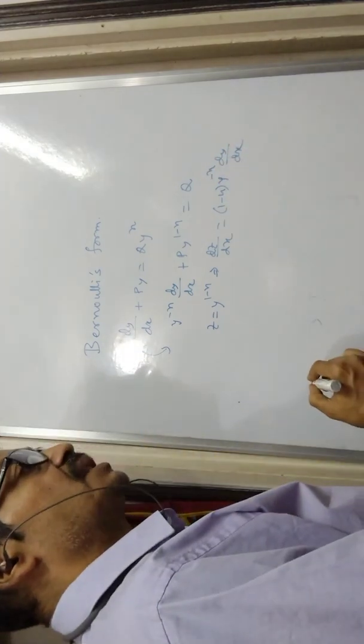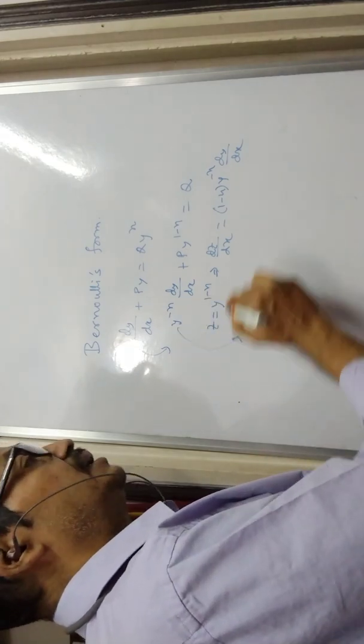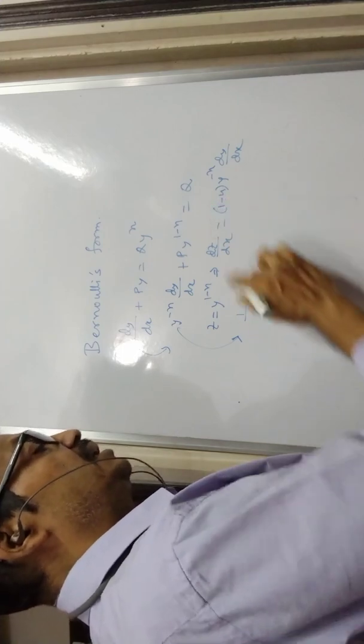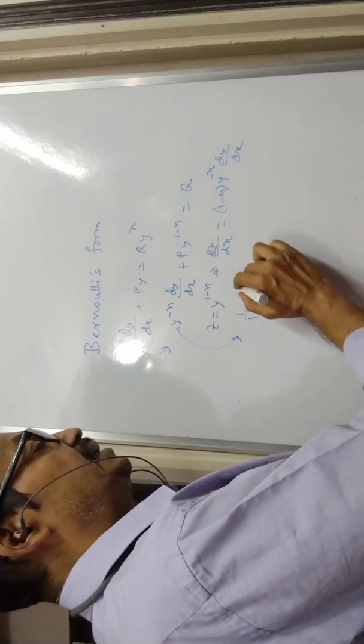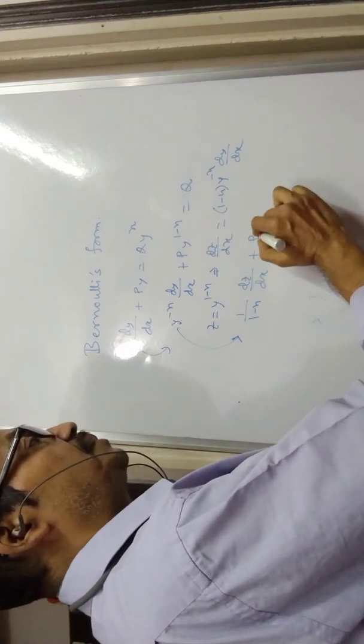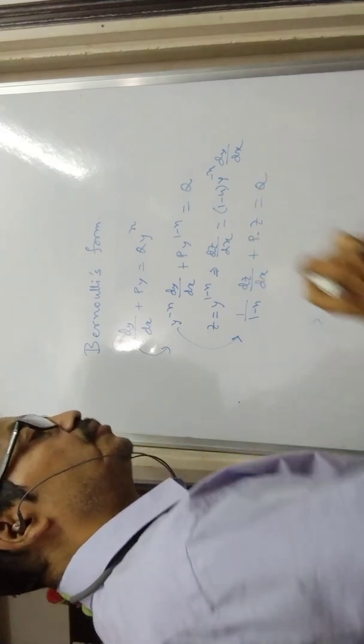And we replace y to the power minus n dy dx by 1 by 1 minus n dz dx, plus pz equal to q.